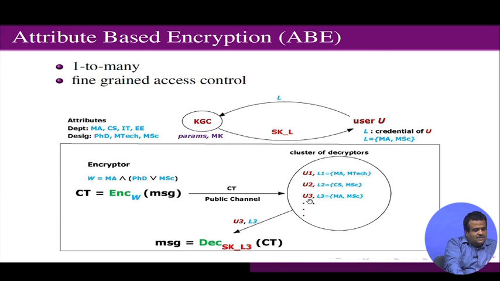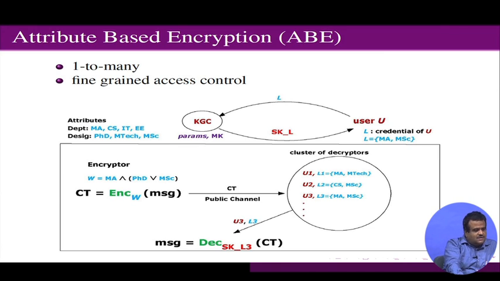Say U3 has the credential like MA, MSc. So, this group should be able to decrypt the message using their secret key based on that credential. This secret key will be received from the key generation center based on their attributes, I mean their credential.